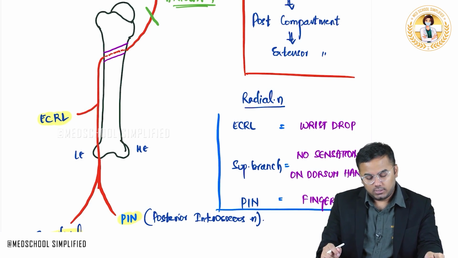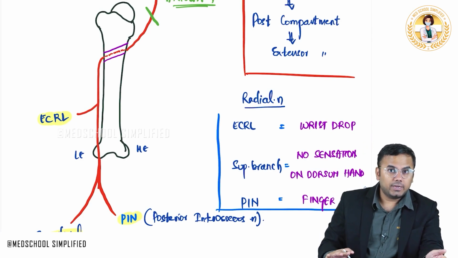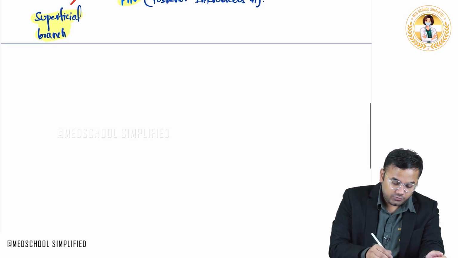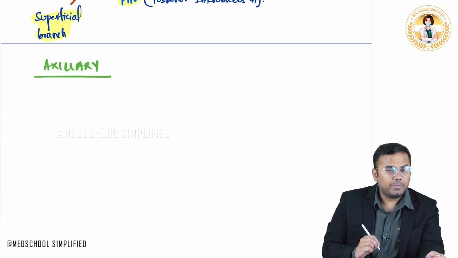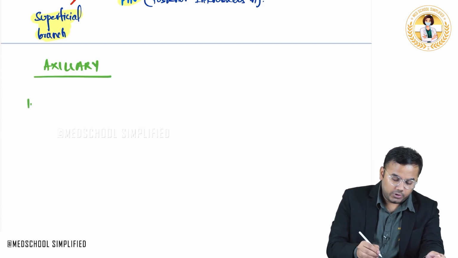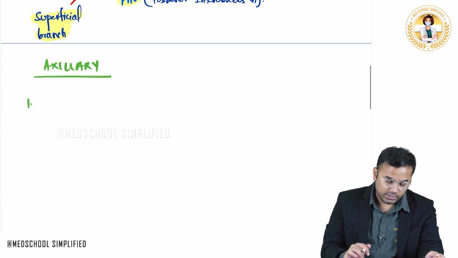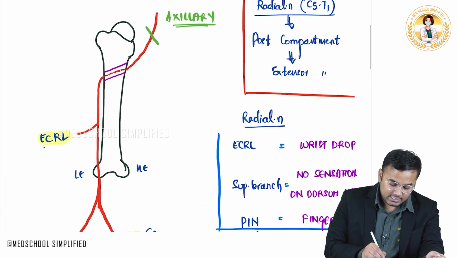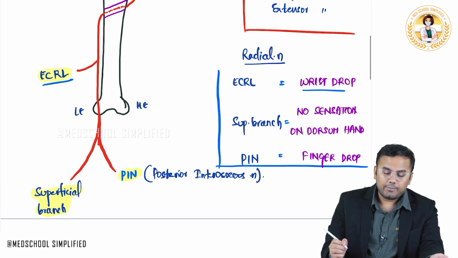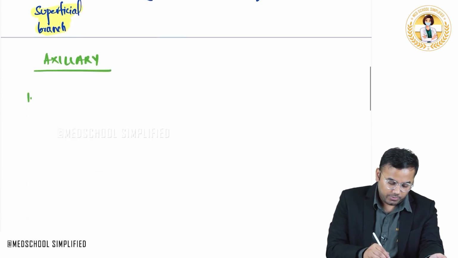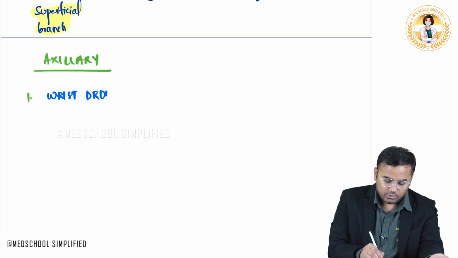Obviously it will not work. Let me first write it down. For example, in the axillary region, the radial nerve is getting compressed. So what will happen? The first important thing is, will ECRL work? No. If ECRL is not working, what will happen in a patient? Wrist drop. You will see wrist drop.